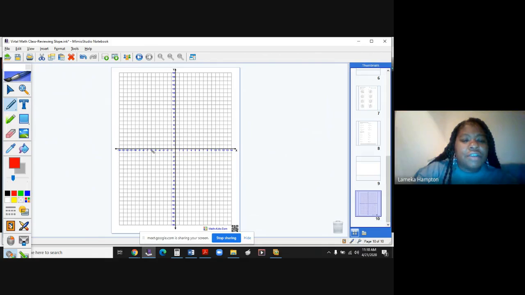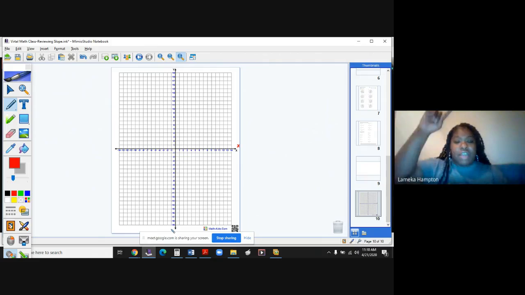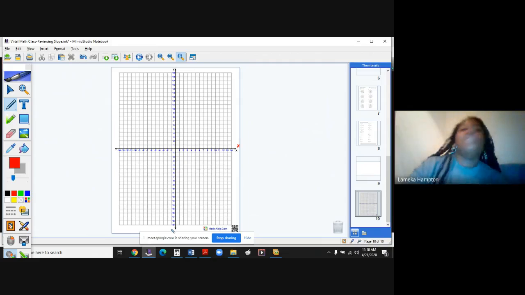This line, the horizontal line, is represented by the x-axis, okay? Your y-axis is the vertical line, okay? So the vertical goes up and down, okay? So when I tell people that I am vertically challenged, I'm simply telling them that I'm short, okay? Because vertical means height, up and down, okay?